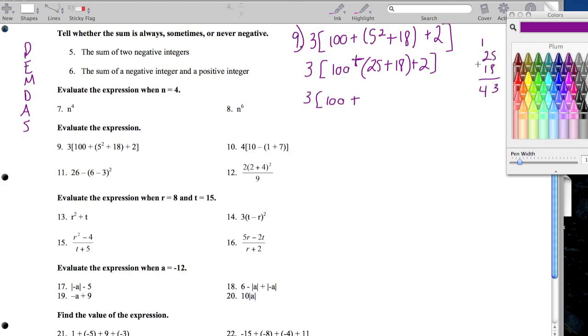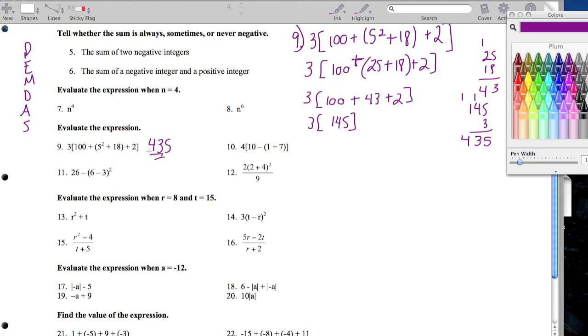It's going to get 43 plus 2. Now I can add everything inside of my brackets. 100 plus 43 is 143. 143 plus 2 is 145. And now I can multiply 145 times 3. 12, 13. I get 435.